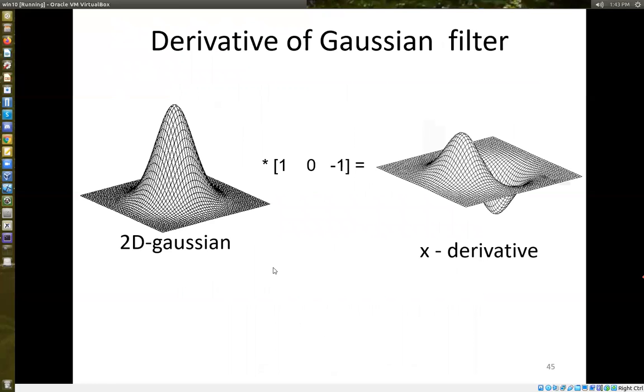If I use a Gaussian filter, the result is a derivative of Gaussian filter like this. The original Gaussian filter looks like this, and the derivative goes up and down.